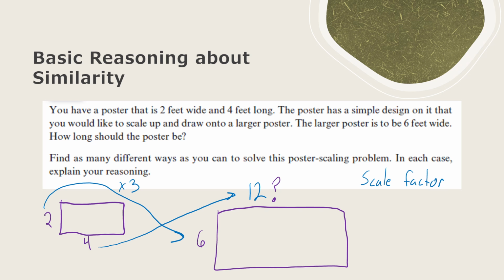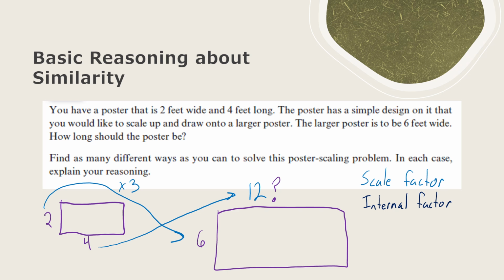Now, the other method that people use is what's called internal factor. This is where we recognize that when we're creating a smaller or larger version of something, not only is there a relationship between the smaller and the larger, internal relationships are maintained.